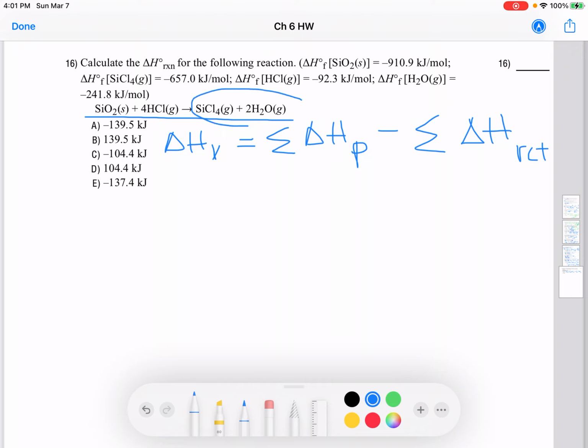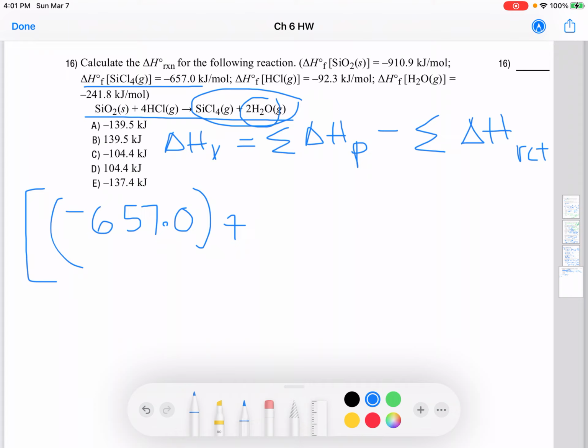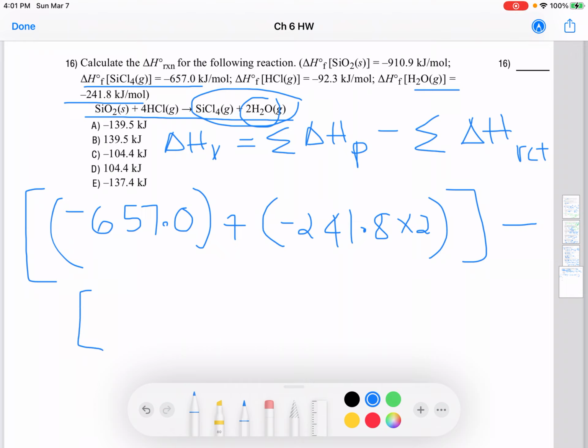And our products are going to be these two. SiCl4 delta H formation, negative 657.0. All of these are in kilojoules. That's your product. Plus another product is water. So water value is here, negative 241.8, and there are 2 water molecules, so you have to multiply it by 2 since there are 2 water molecules. Okay, and then that's the products minus the reactants.